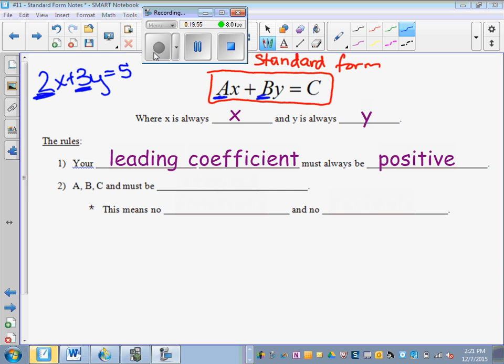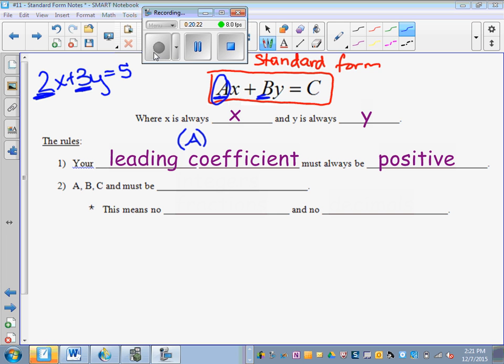Now, our leading coefficient, that's just the very first coefficient. So this is going to be your A value, the one that's in front of x. So whatever coefficient is in front of x needs to be positive. If it's negative, we have to change it. How? By multiplying by a negative.